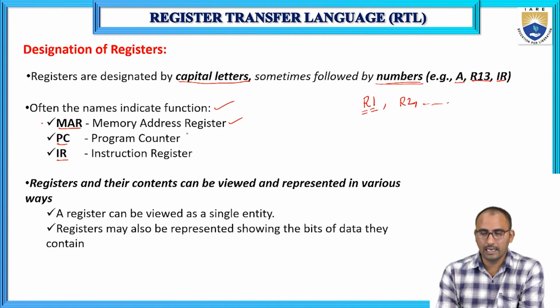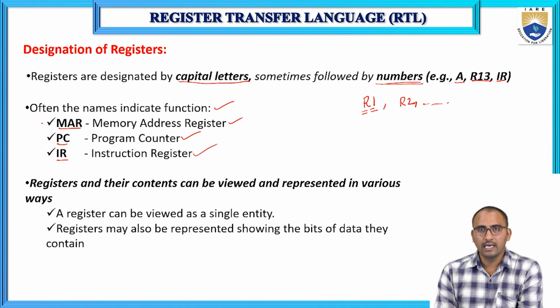Next, PC, program counter, stores the address of the next instruction to be executed from memory. And instruction register, IR, holds the currently executing instruction. In this way, we can designate the registers.